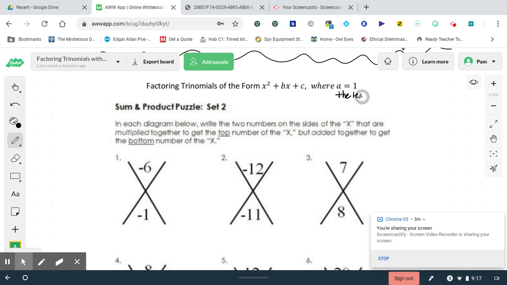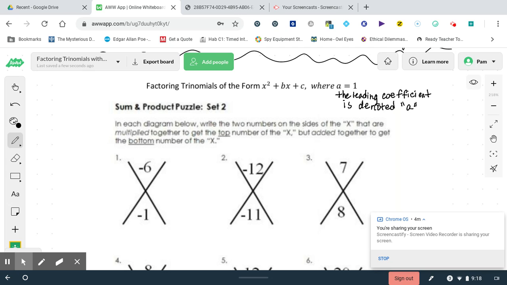The leading coefficient is called A. Okay, it's denoted as an A. So anytime I ask you what is A, then you find the leading coefficient for me.